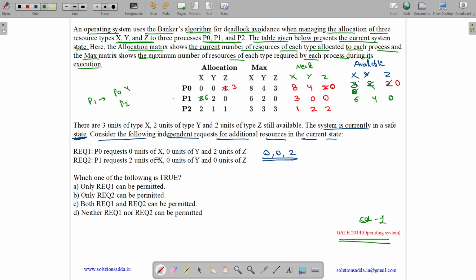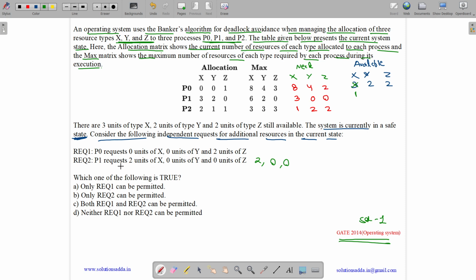Now let us see whether request 2 can be allowed or not. So request 2 is 2 units of X, 0 units of Y and 0 units of Z. So if we allow 2 units of X, available gets reduced to 3 minus 2, 1 and they remain as 2 and 2. And 2 units get allocated.